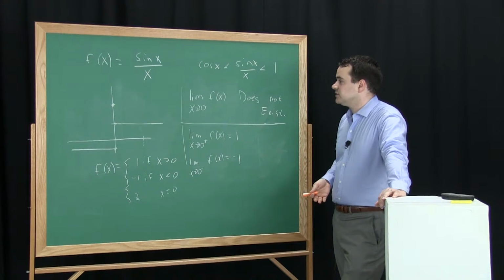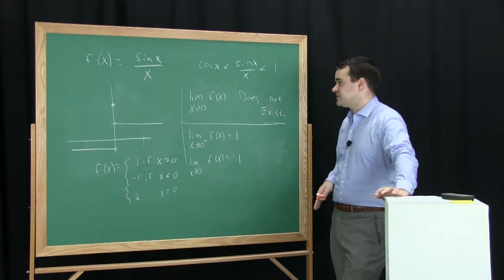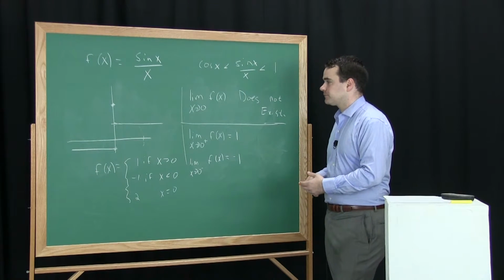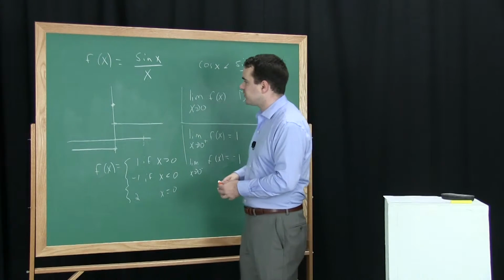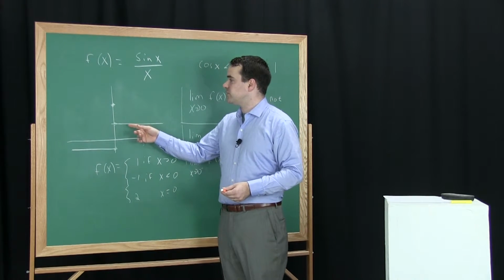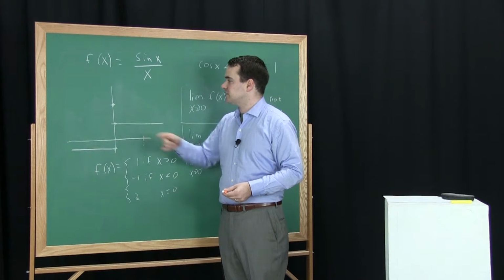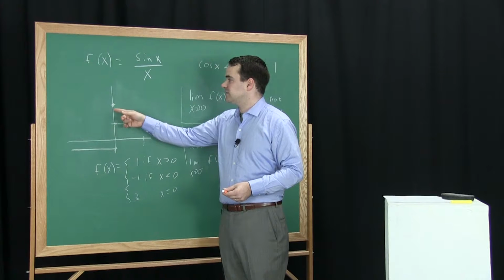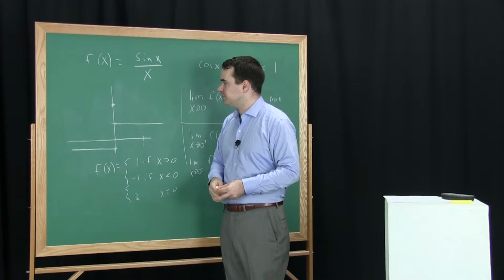So then you could still ask the question, what's the limit as x goes to 0 from the right? And you might start to get a little bit turned around, because you might want to say one of two things. You might want to say that the limit doesn't exist because of that jump, or you might want to say that the limit's equal to 2 because of that value equal to 2.